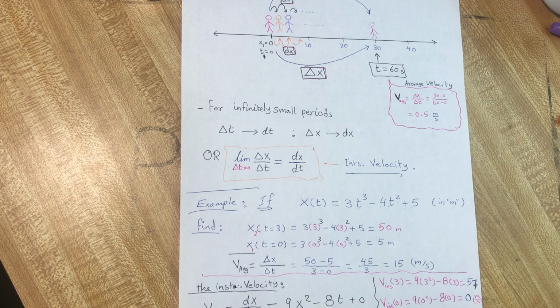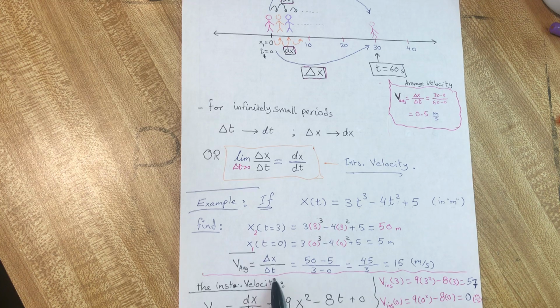What about the instantaneous velocity? That's easy. I need to take not delta x over delta t. I need to take the first derivative of x with respect to t, which is dx over dt. This is a calculus course, so I can derive this with respect to t.